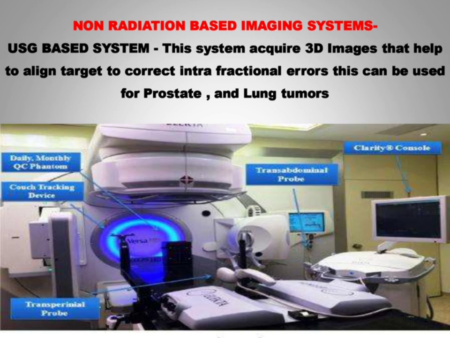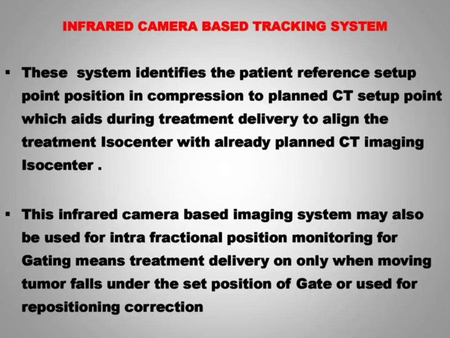That can be done in the room because nowadays the modern high end linear accelerators have a transabdominal probe and transperineal probe, which help you to take an image just prior to the delivery of radiotherapy. So this USG based system is quite possibly used in prostate and lung cancers.